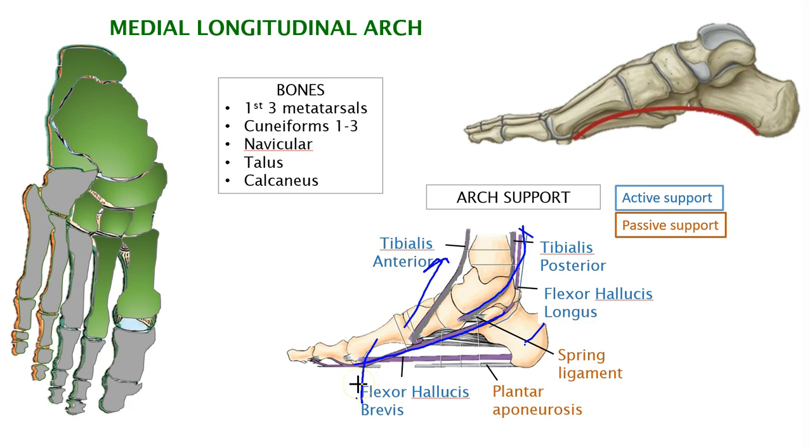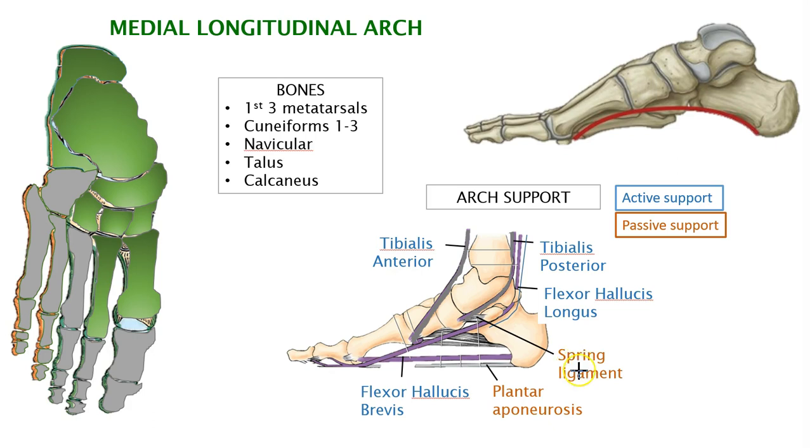proximal and distal phalanx. The intrinsic muscles of the foot also help to maintain these arches. Here we see the flexor hallucis brevis muscle extending from the calcaneus to the metatarsal heads. Passively, the medial longitudinal arch is supported by several ligamentous structures.